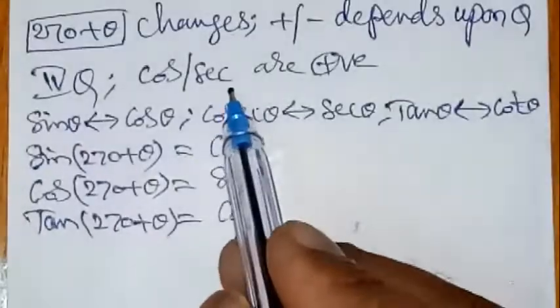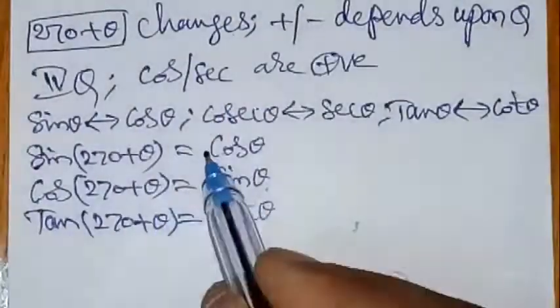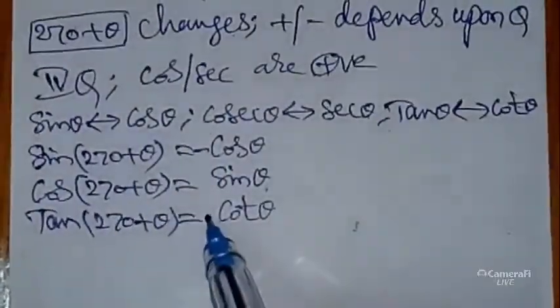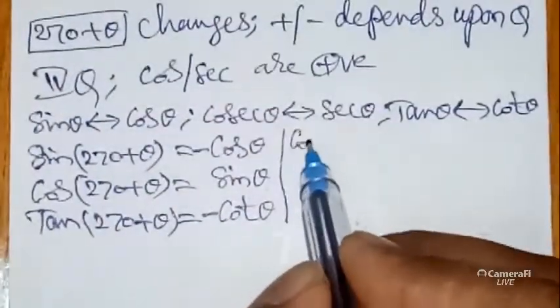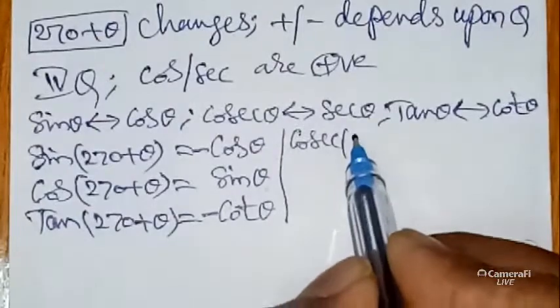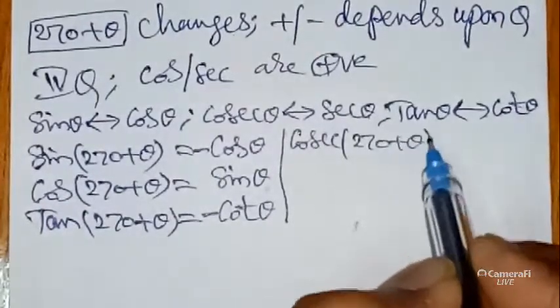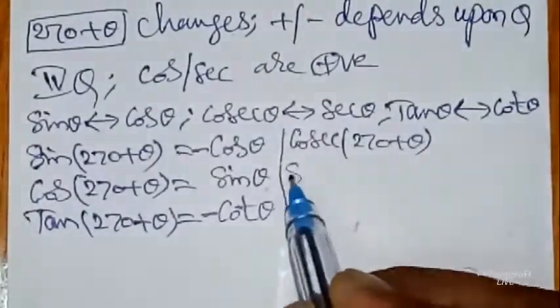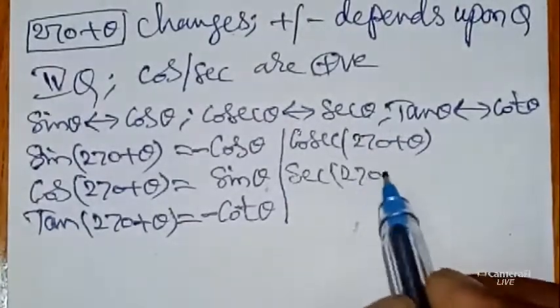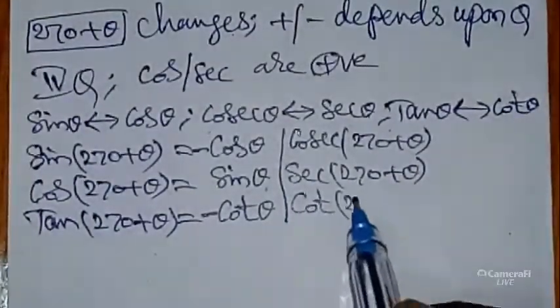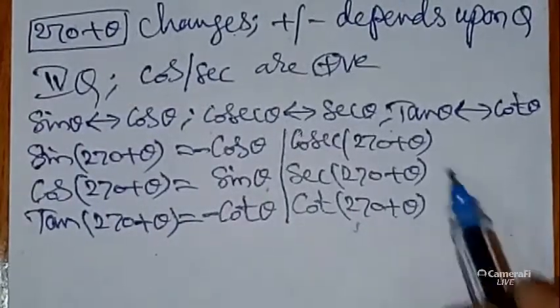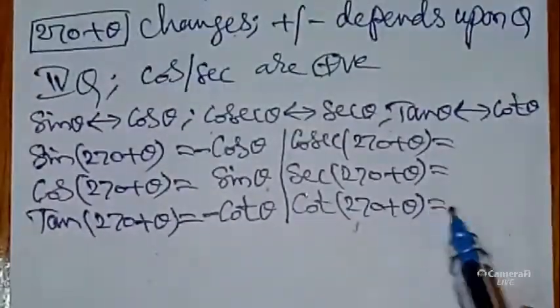So in the fourth quadrant cos is positive. What about sin? It is negative. What about tan? It is negative. Now I wanted to write the reciprocal of sin is cosecant(270 plus theta). Reciprocal of cos is secant(270 plus theta). Reciprocal of tan is cot(270 plus theta).